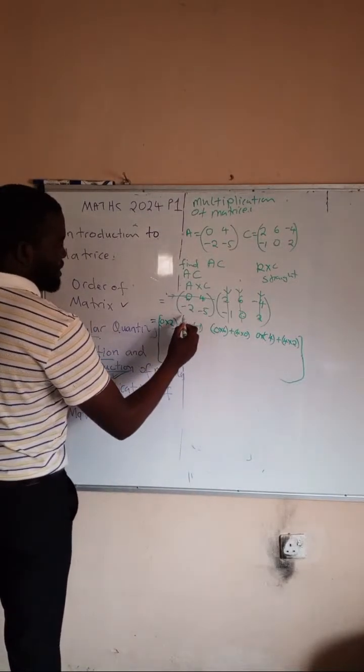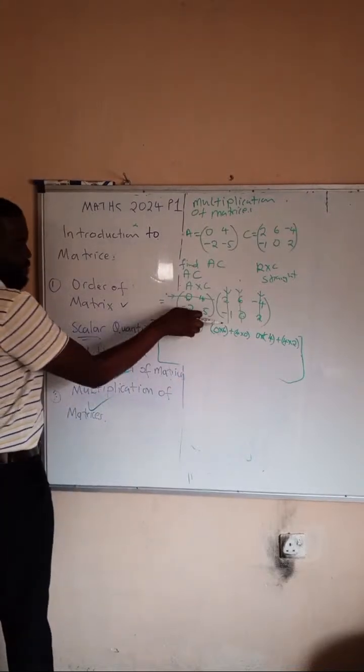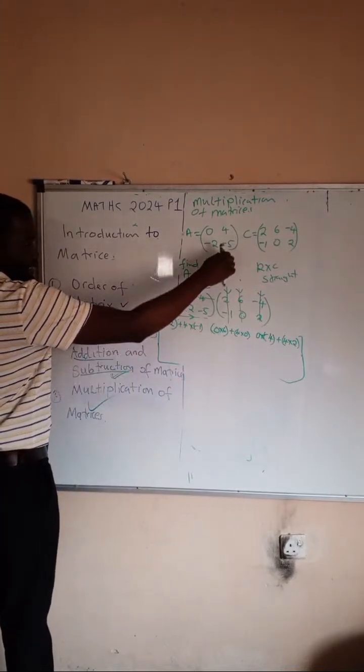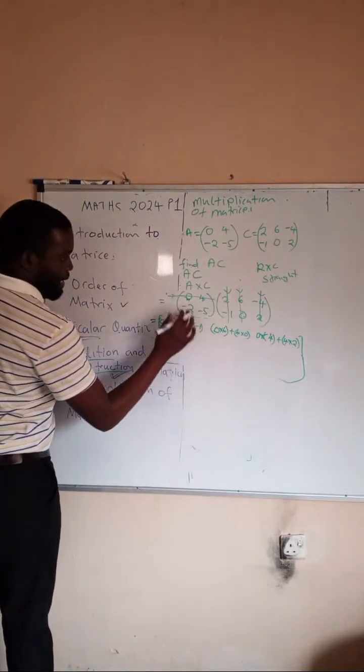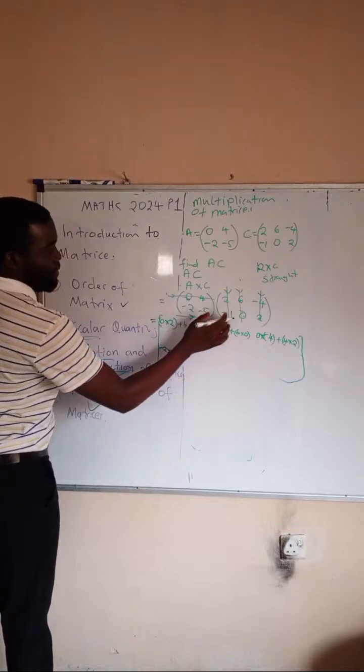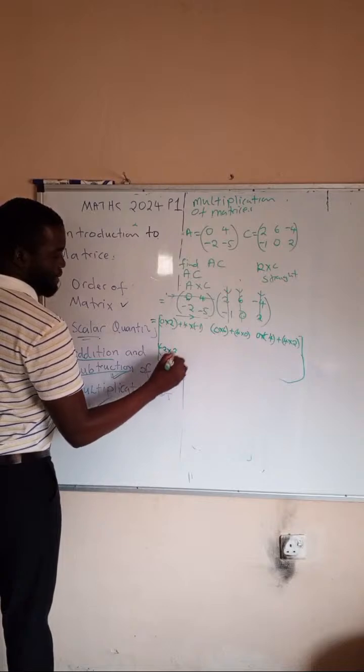We go to the last row down here. In this arrow, the first one is 2, so negative 2 times 2. We are done.